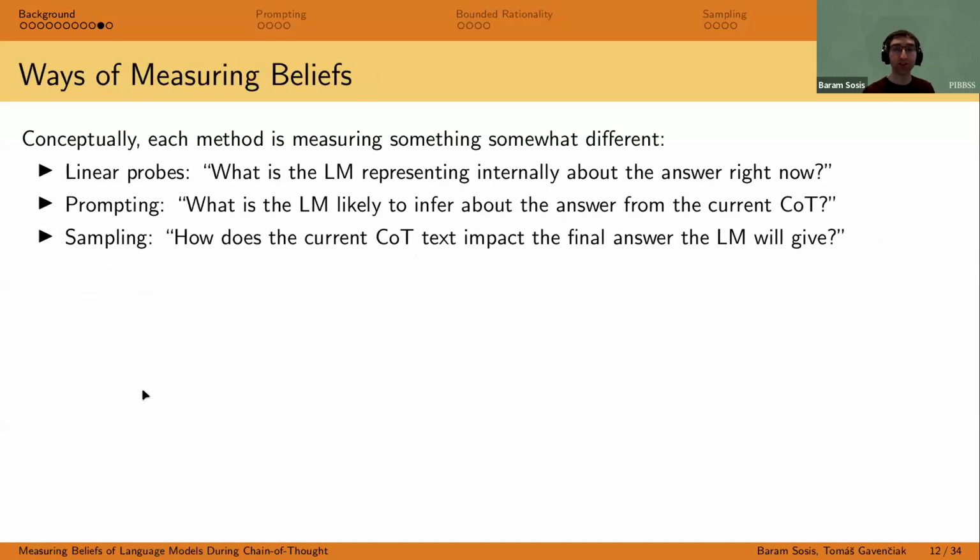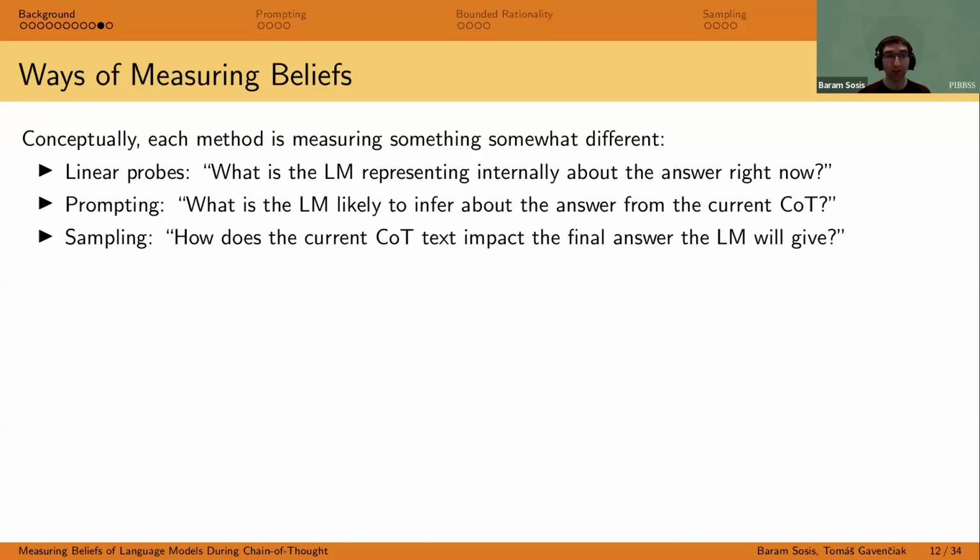So I think all three of these methods are measuring somewhat different things. They're asking somewhat different questions of the language model. The linear probes are mostly asking what the language model is explicitly representing at this particular token. The prompting approach is asking what the language model is able to, or likely to, infer about the answer, given the partial chain of thought that it's processed or generated.